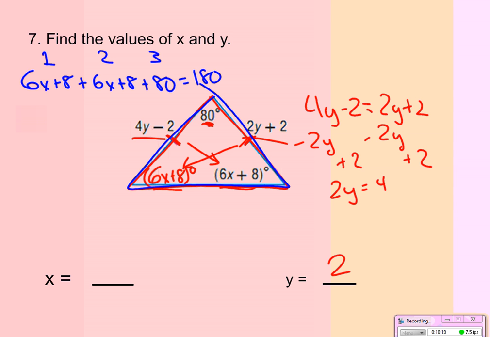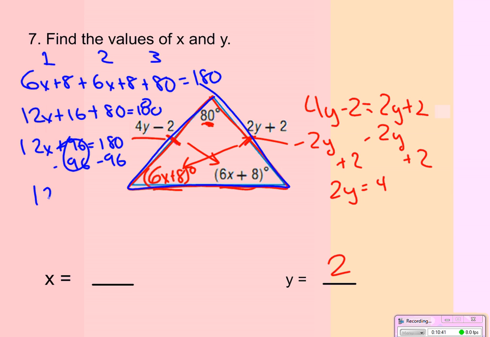I'm putting it all together, and it's got to equal 180. From there, I can figure out what x is. So this becomes 12x plus 16 plus 80. Sorry, I should put these two together. 12x plus 96 equals 180. Sorry, that's an 80 angle. So now subtract 96 from both sides.